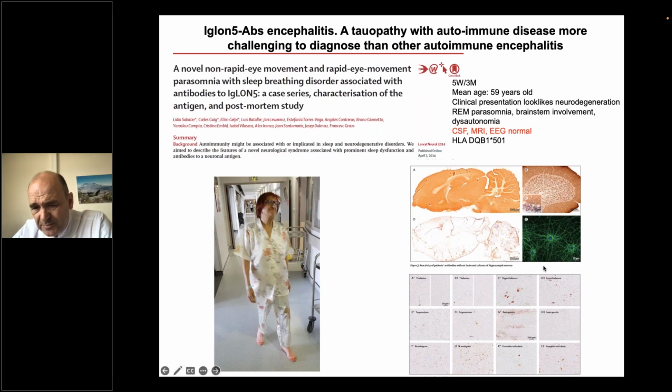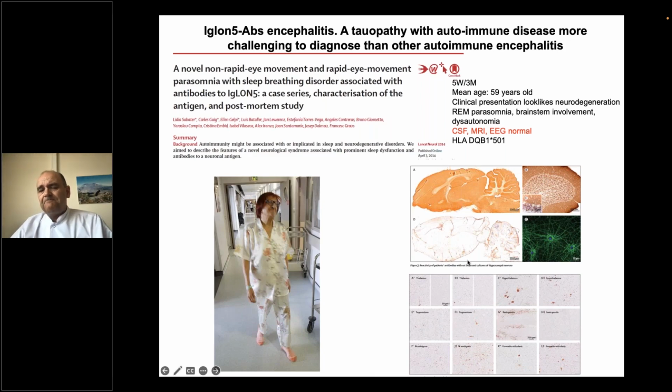But the first autopsies of these patients, who developed dysautonomia and sudden death, showed abnormal tau deposits, phosphorylated tau, suggesting neurodegenerative disease, and no inflammatory cells. But some patients are able to stabilize with immunomodulatory treatment.